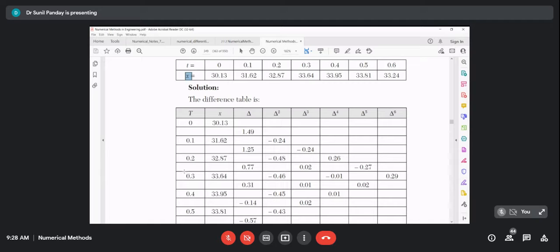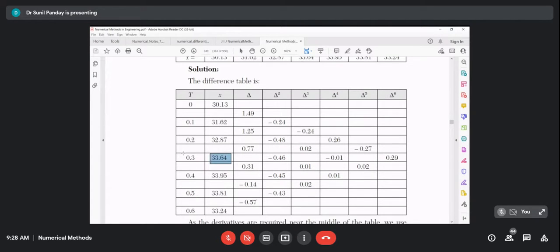Earlier we took this as x and this as y, but now this is t and the role of y is played by x. So you can say this is t naught, and this is x naught, below it is delta of x naught, this is delta 2 of x naught, delta 3 of x naught.